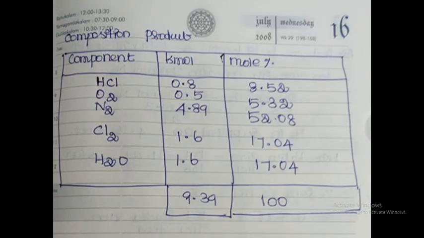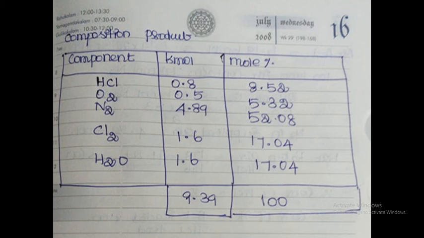This is the final result, the composition of the product stream. You should make a table. In the table, mention the components present in our problem on the product side: HCl, oxygen, nitrogen, chlorine and water. HCl and oxygen are unreacted values, nitrogen is an inert gas, chlorine and water are products.